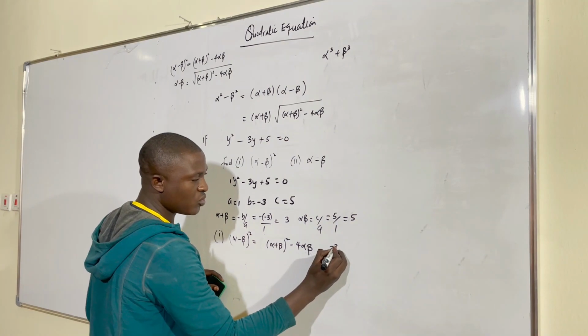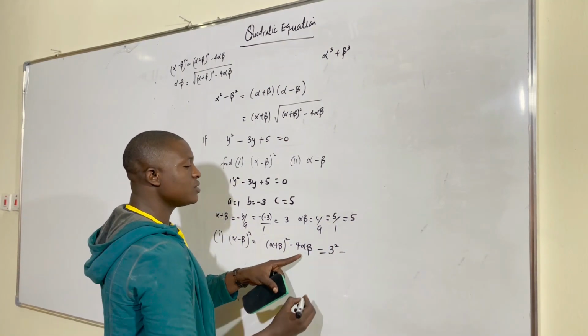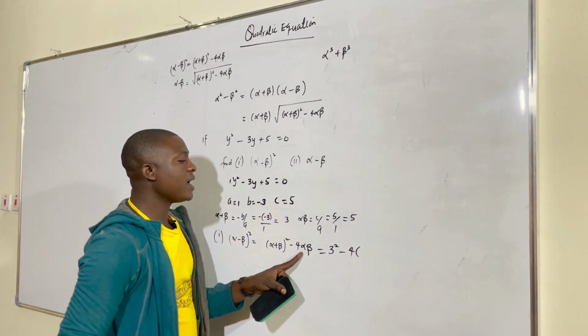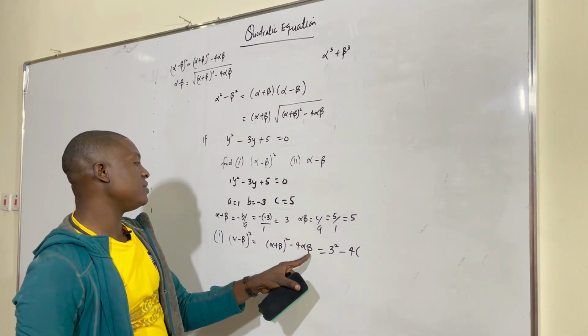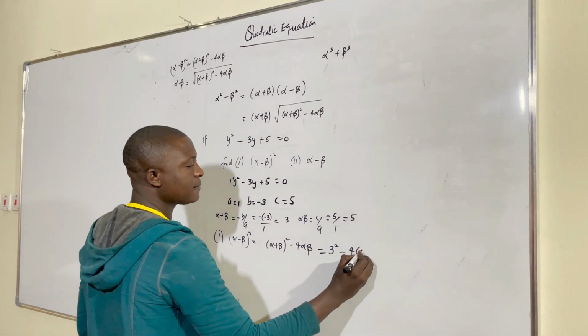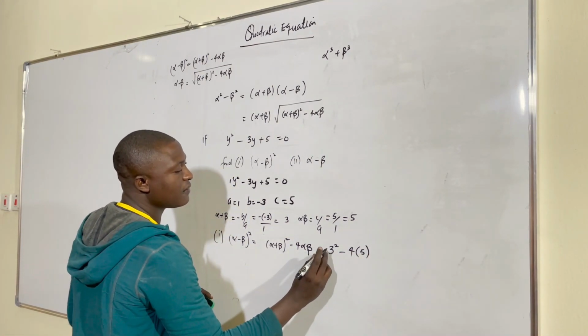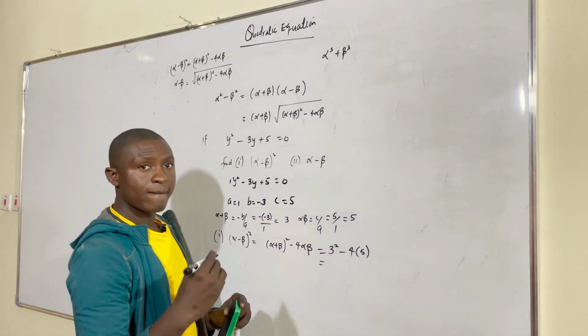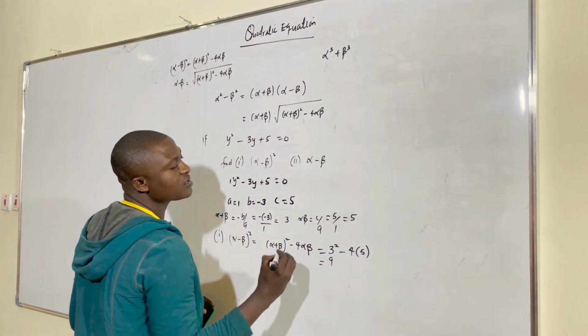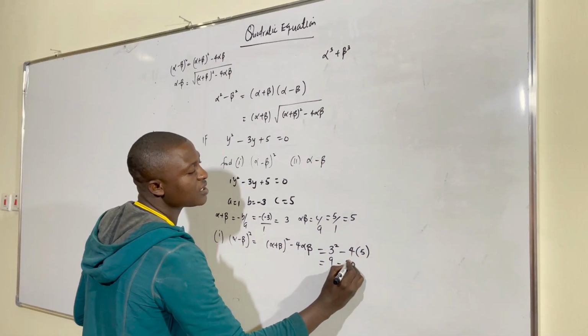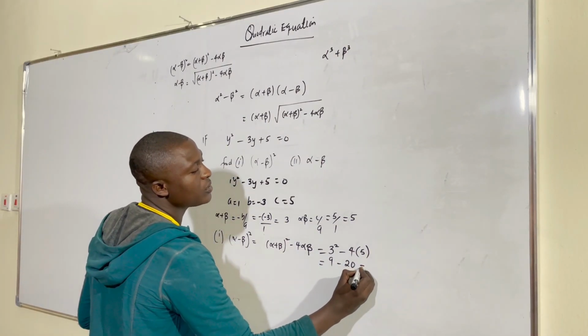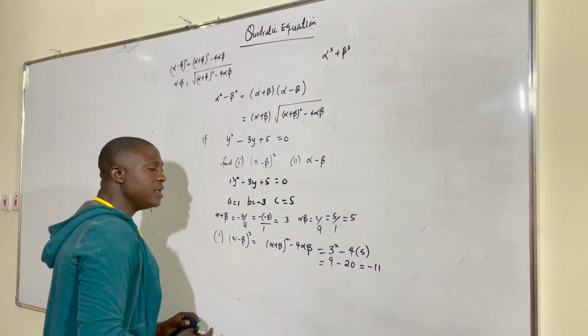That's going to be 3 squared minus 4 times my alpha beta, which we have as 5. So here I have 3 squared, which means 3 times 3, that gives us 9, minus 4 times 5, that gives us 20. 9 minus 20, we have minus 11.